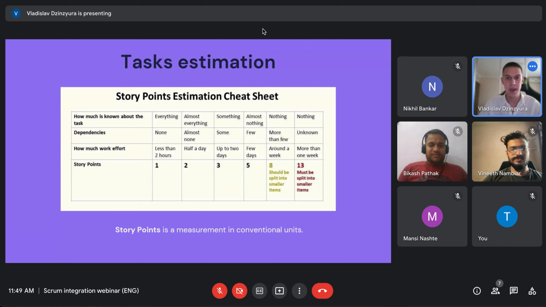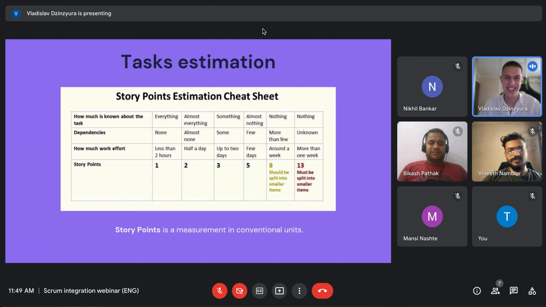But if you take a look at this image, you will see that we have, for example, the row of how much work effort, and here you can see hours, days, and weeks.